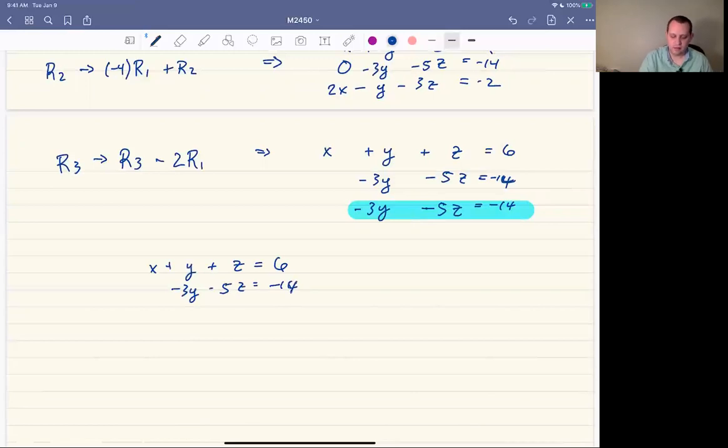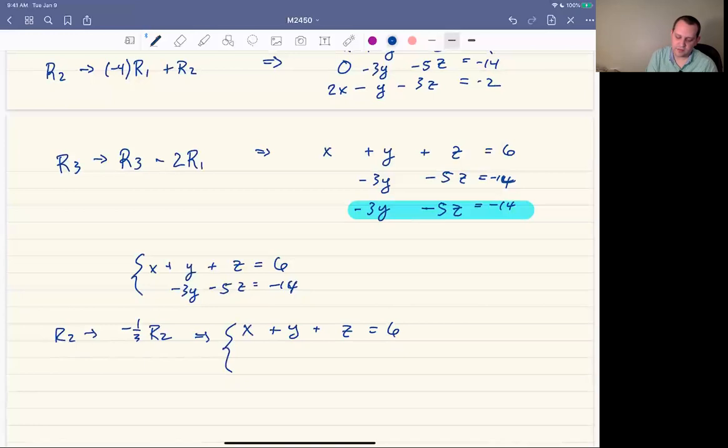There are lots of ways to go about this. For now, I'm going to take row 2 and replace it by negative 1/3 of itself, so that the coefficient in front is a 1. That'll help us with our algebra. So our system is x plus y plus z equals 6, which we haven't messed with.